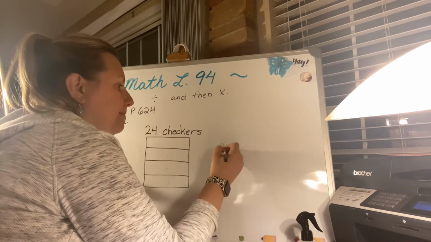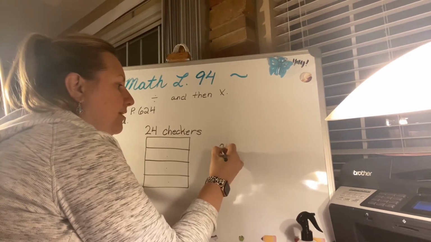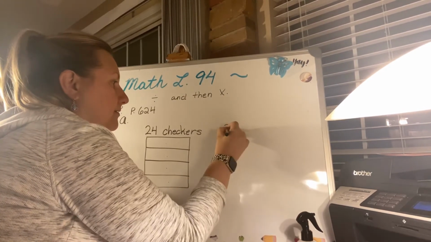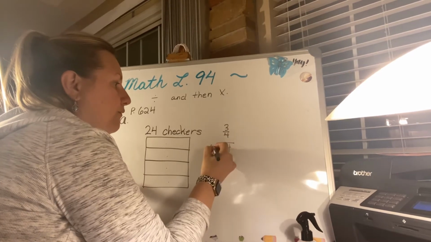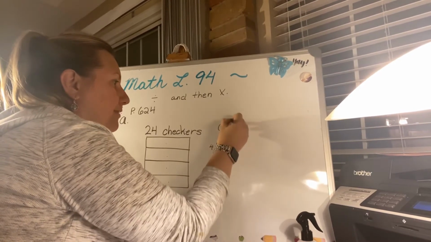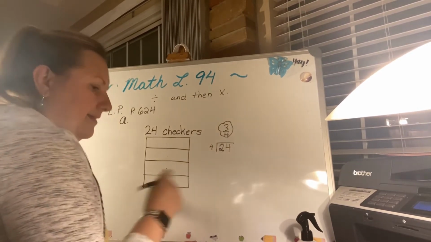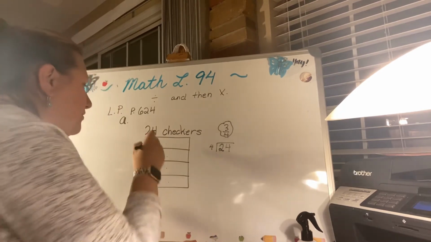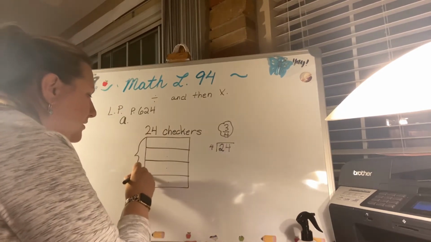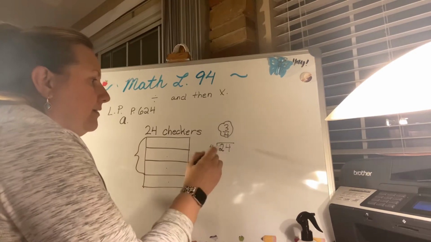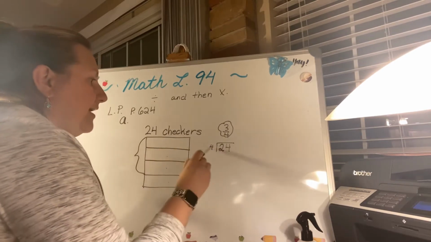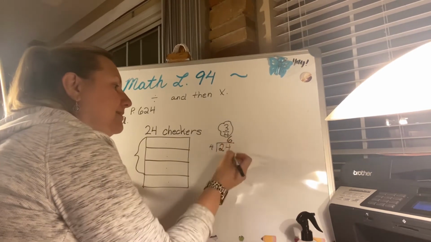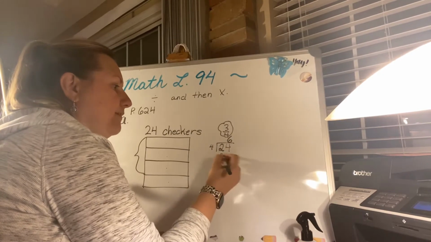So the first step is 24 divided by 4. I put this 3/4 up there so we remember how many are still on the board. 24 divided into 4 equal parts is 6. 6 times 4 is 24.